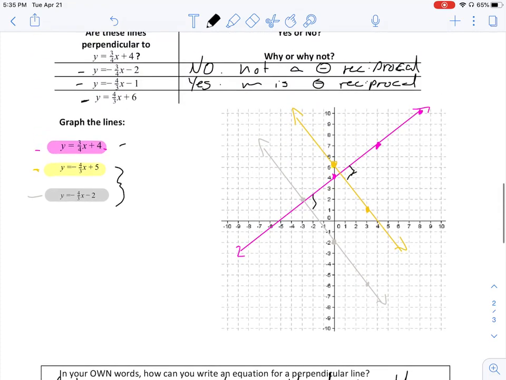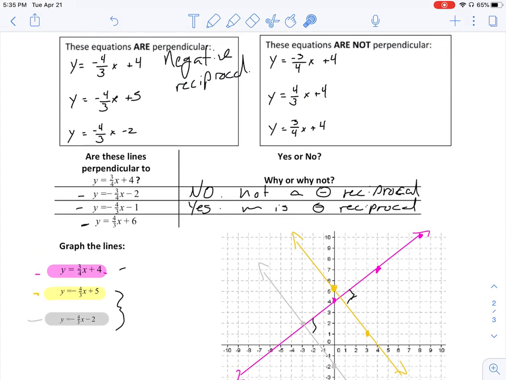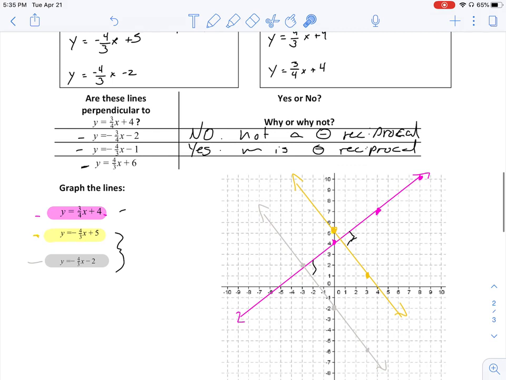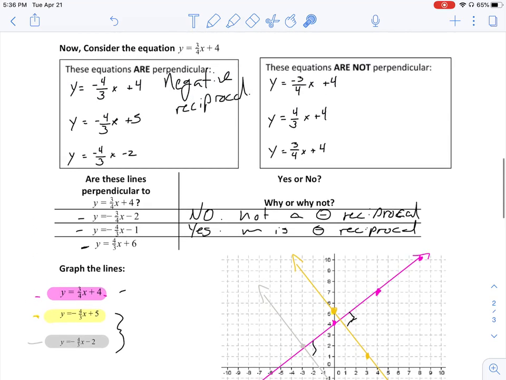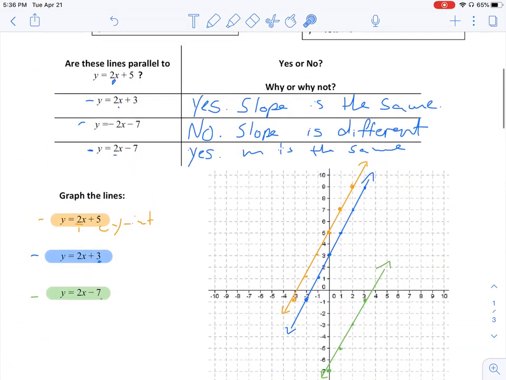So again, the big takeaways, when we have a perpendicular line, we have two lines with negative reciprocal slopes, and we've proved what that looks like. We have one slope given here, the negative reciprocals are stated there, and then any parallel line is a line that has the exact same slope as another line.